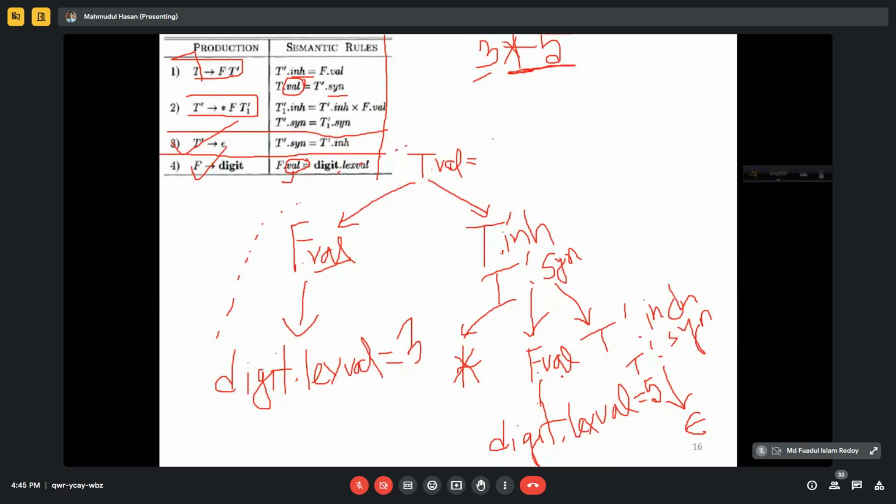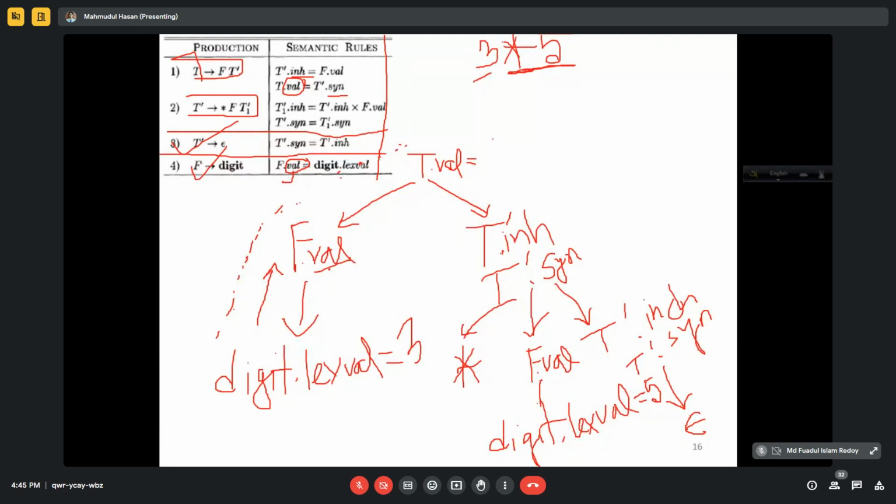If the value is non-terminal, that means you need to go further, following top to bottom, left to right. So you get digit dot lexval. Now you need to go back, that means backtracking. When you get this one and F value, is this synthesized or inherited?